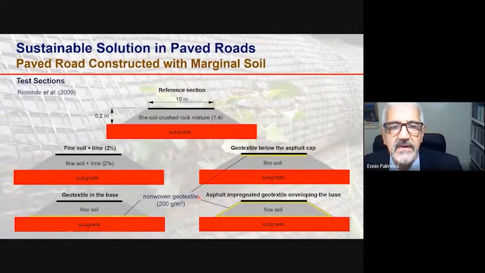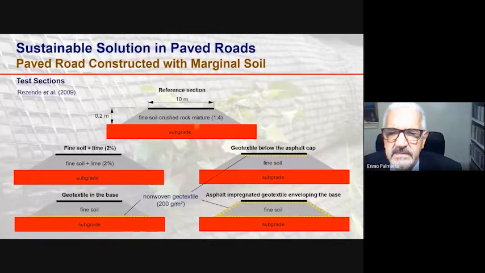So let's see now an example of the combination of poor quality fill material with geosynthetics here in a paved road. So the reference section here is the pavement built with a mixture of a fine soil and crushed rock, with 1 part of fine soil for 4 parts of crushed rock.